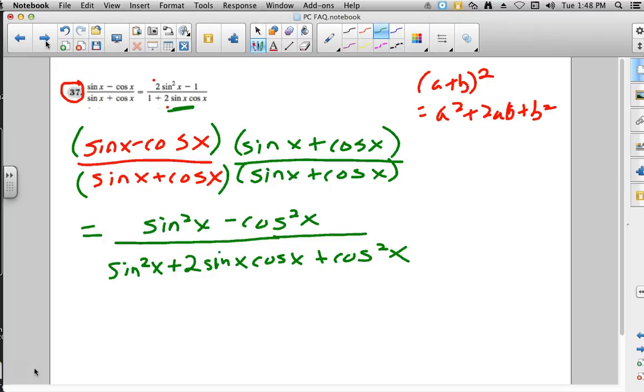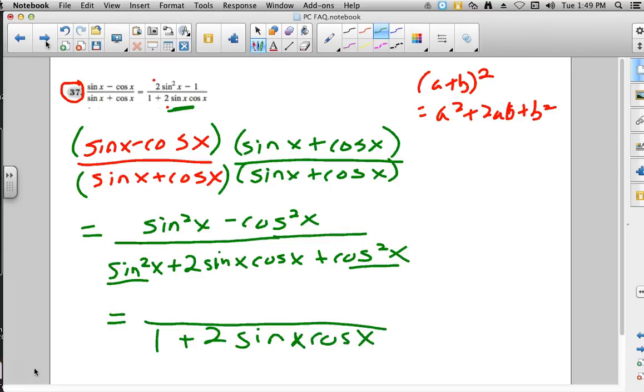All right, now I'm seeing my 2 in my denominator, which is great, but I also notice that I don't need these two here. And because sine squared x plus cosine squared x is 1, I can rewrite that, and I can say, woohoo, I'm done with the denominator, and just focus on the numerator.